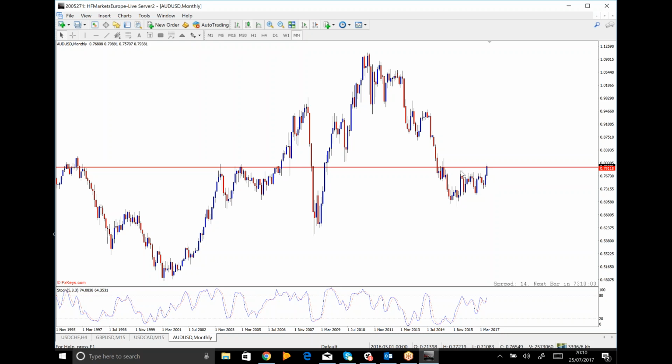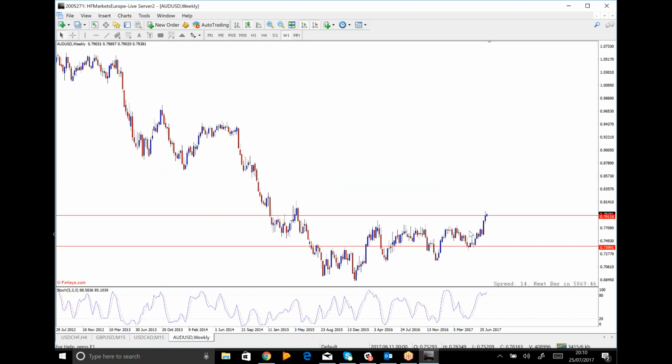Finally, the market's broken this zone that has plagued this market for so long. So the market has finally perforated that. It's overbought. We're looking at a retracement. It's sort of imminent. Let me adjust the zone slightly.